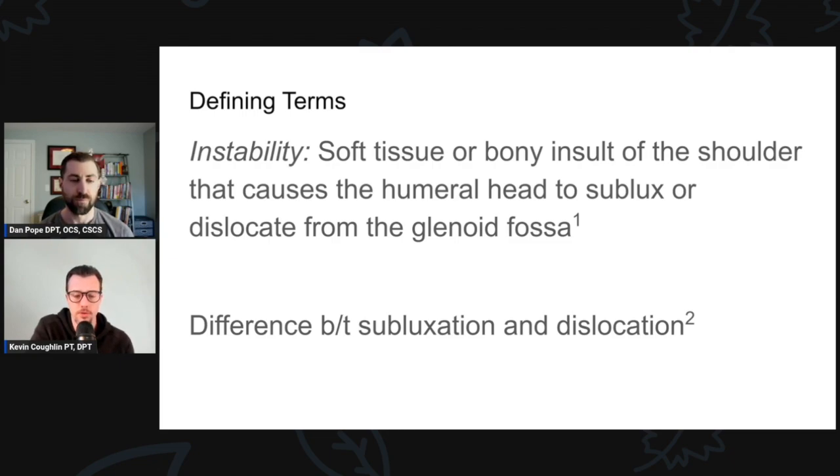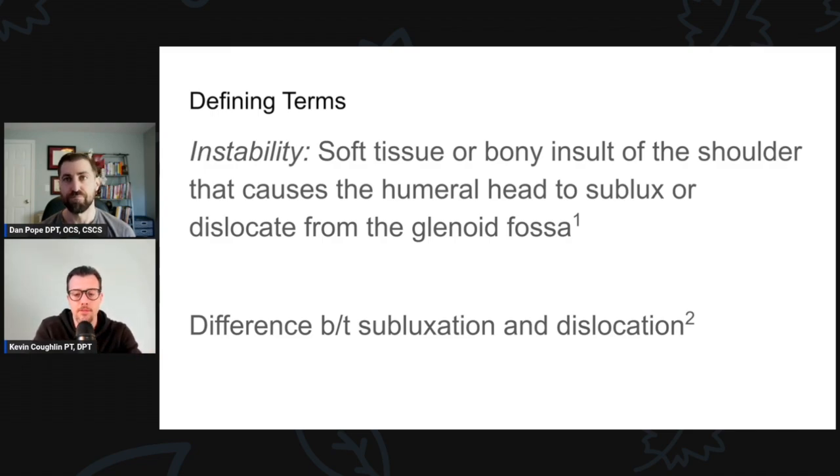And with the shoulder, we can have either a subluxation or a dislocation. With a subluxation, some of the sources I was looking at define that as the head moving around in the socket, but it doesn't fully remove itself from the socket, and there isn't a forced putting it back into the socket and relocation.